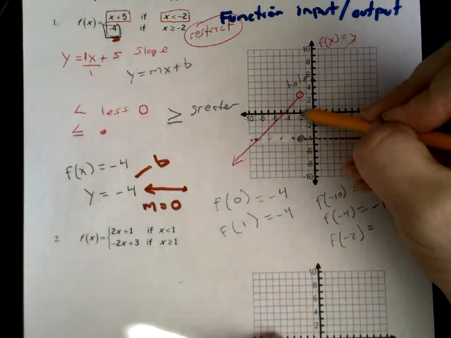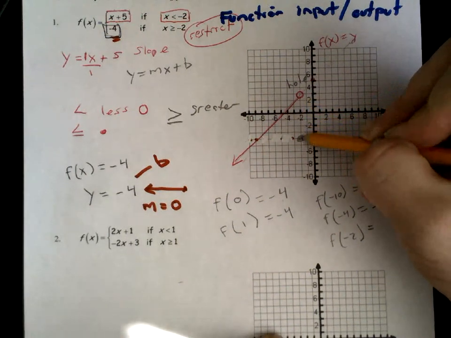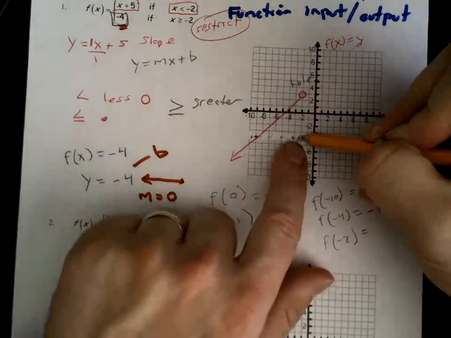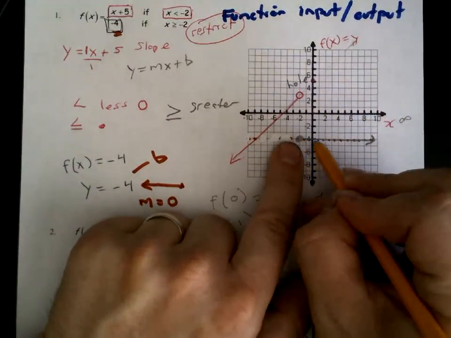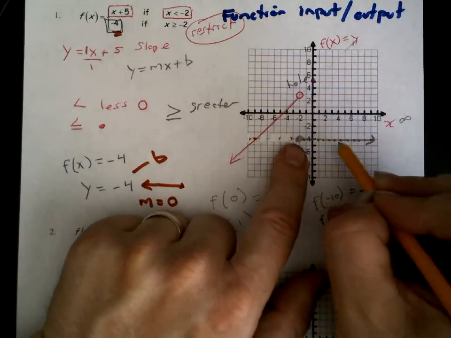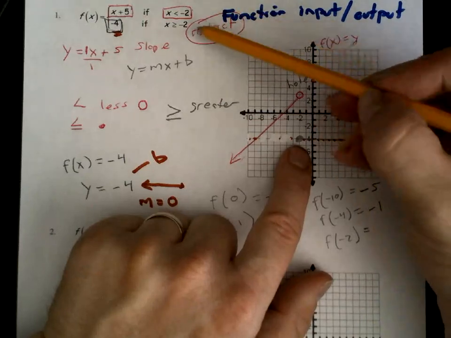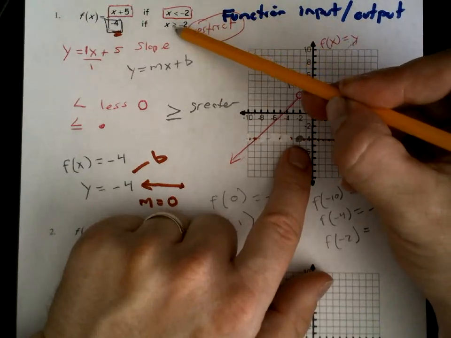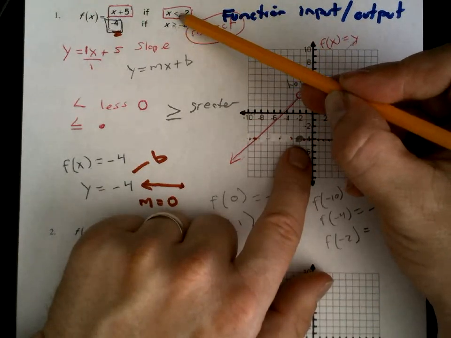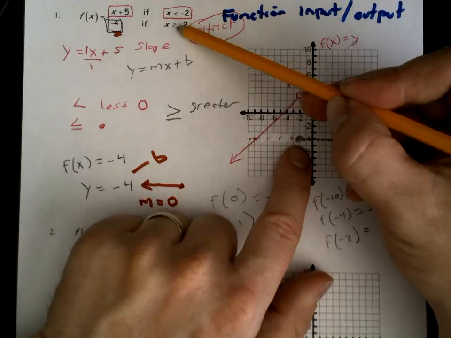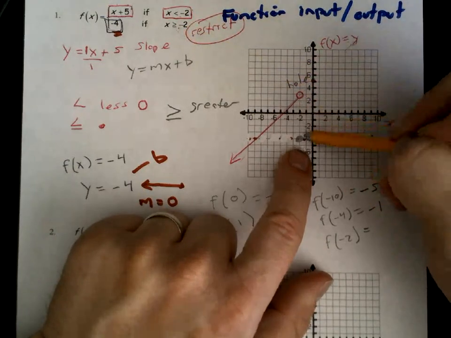So instead of going up, you're going to say, well, I'm going to go down because I can get there. I have a solid hole. And this is the graph that you're going to use. And that kind of comes back to up here. See how this one is equal and this one is not? Well, the equal one is what you want to use because I can actually get there.